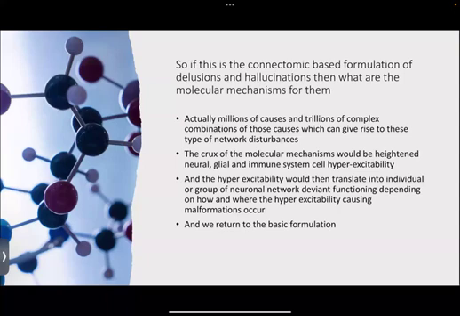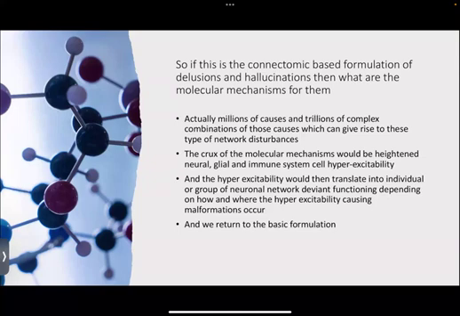Then, what are the molecular mechanisms for it? Actually, there are millions of causes and trillions of complex combinations of these causes, which can give rise to this type of network disturbances. The crux of molecular mechanism would be heightened neural, glial, and immune system cell hyperexcitability.